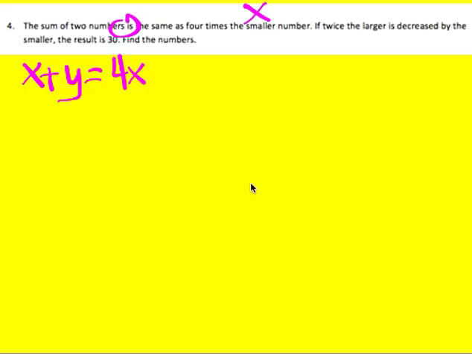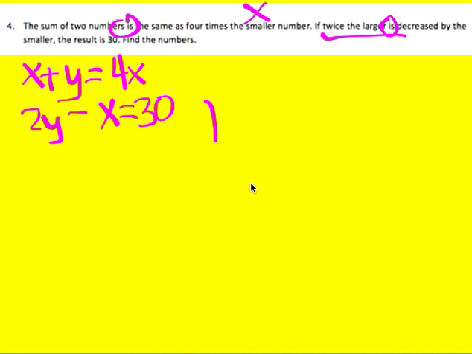Whenever something says 4 times, that means you're multiplying it times 4. If twice the larger, so 2 times the larger, is decreased by the smaller, the result is 30. In that case, the 'is' didn't mean equal, and that's because it was followed by 'decreased by.'